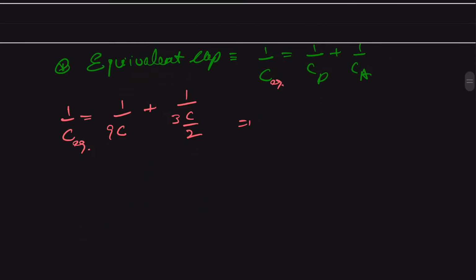Therefore, we get that our C equivalent will be equal to 9 upon 7 times C.